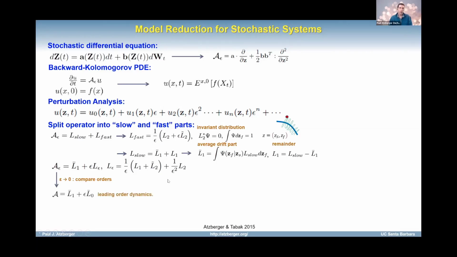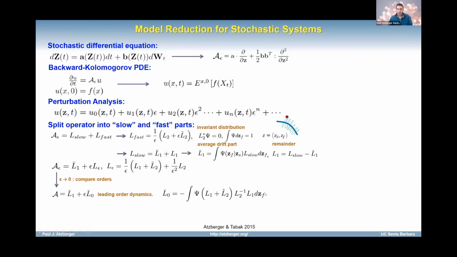Comparing orders, you find that the operator governing the U0 equation is bar L1 plus epsilon bar L0. And bar L0, if you work out the balance of these terms, turns out to be given by taking the average of L1, L2 inverse, L1 plus tilde L2.